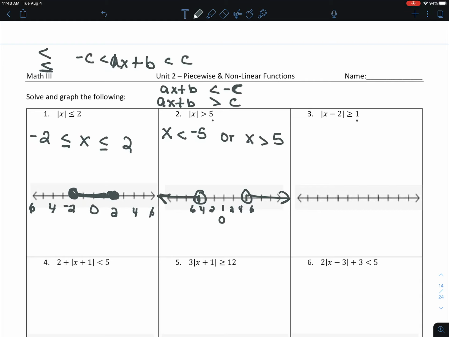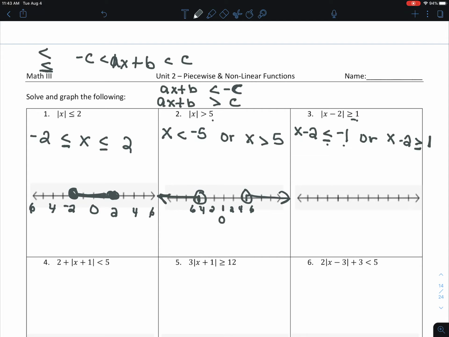Okay? So this one is greater than or equal to. So remember, if it's greater than, there's an or. So this is going to be x minus 2 is less than or equal to negative 1, or x minus 2 is greater than or equal to positive 1.